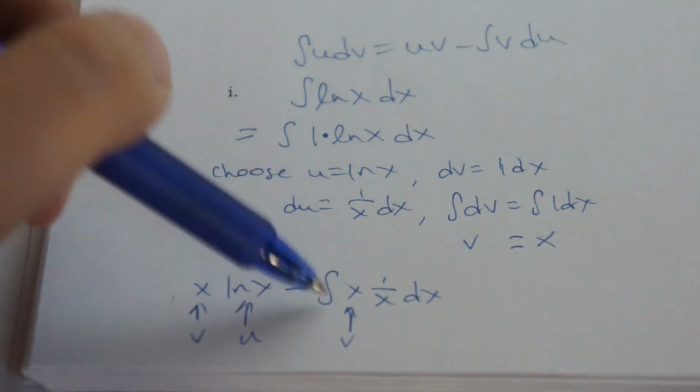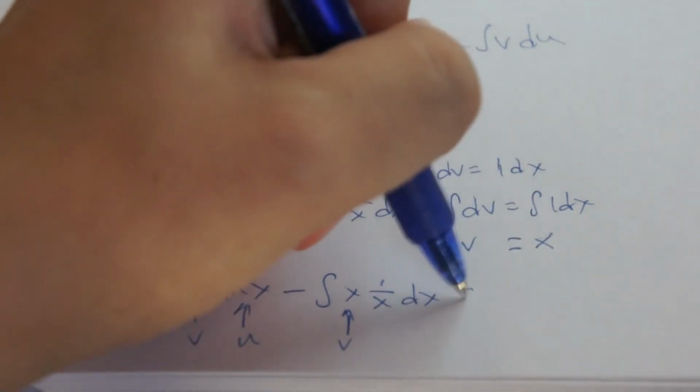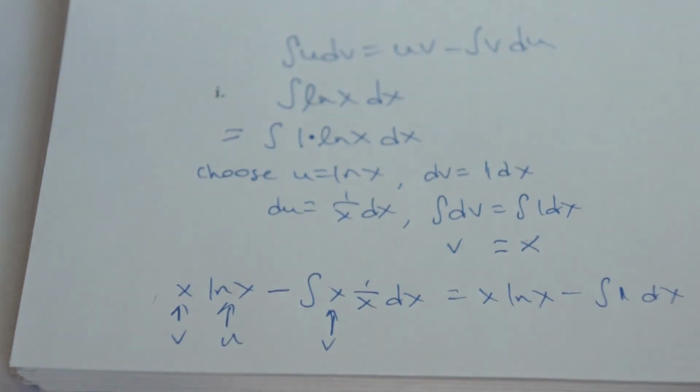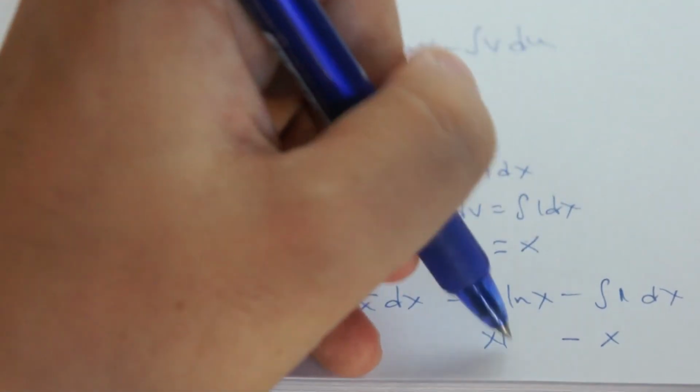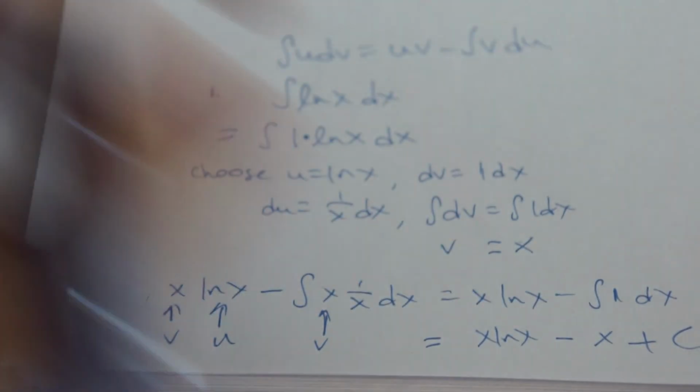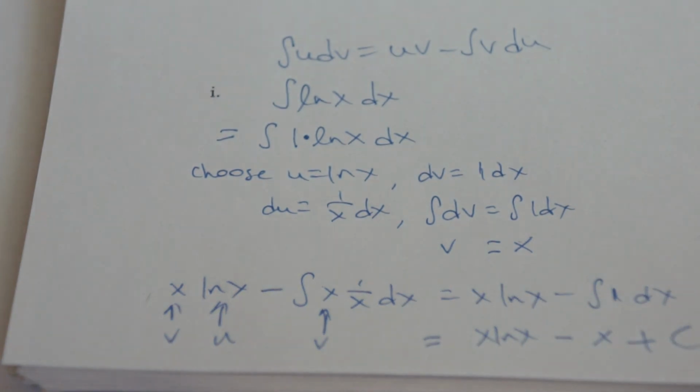Alright, so the two x's cancel out, and that means x times ln x minus integral of 1 times dx. If we integrate the 1, we have one more x coming out, and the answer will be x ln x minus x, and finally plus a constant. Okay, so that is how part I can be done.